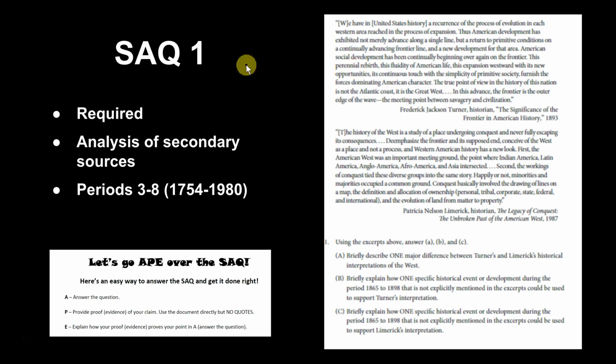SAQ 1 will only come from periods 3 through 8, 1754 to 1980. So roughly we're looking at the French and Indian War through the election of Ronald Reagan. You can see these 2 sources, and then your 3 questions, A, B, and C, and I put the APE strategy so you can connect the 2.